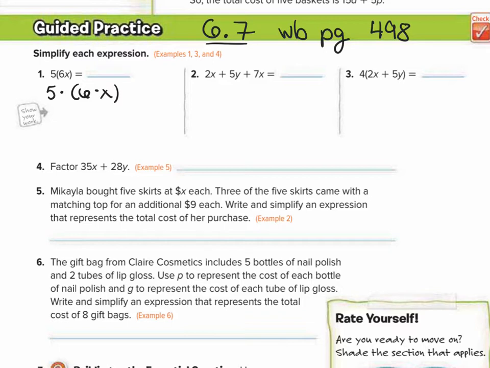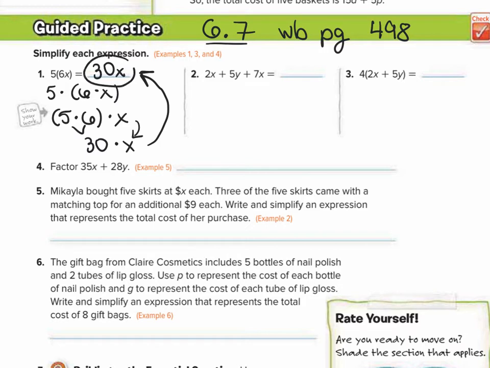All of this is multiplication, so we can use the associative property to move the parentheses. Then we can combine 6 times 5 as 30, bring down the x. And then 30 times x, the simplest way that you would write it is just 30x. That would be your simplified form.